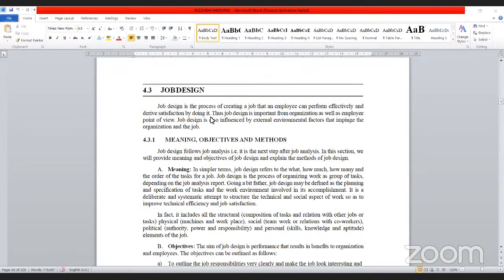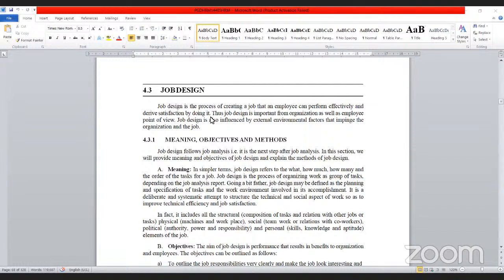Let's understand job design. After understanding job analysis, job design is the process of creating a job that an employee can perform effectively and derive satisfaction by doing it.